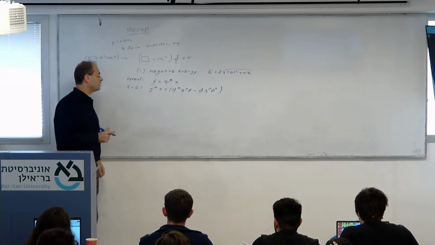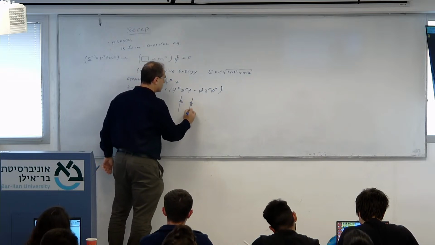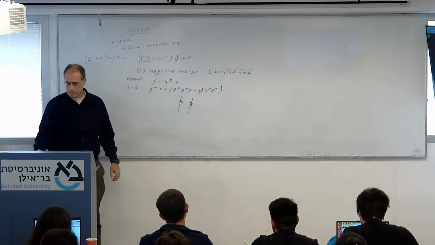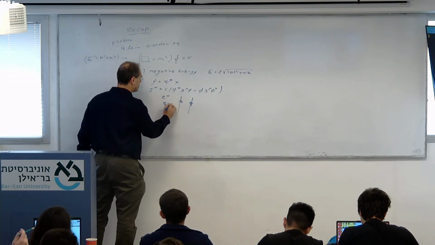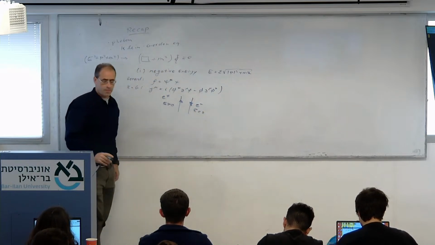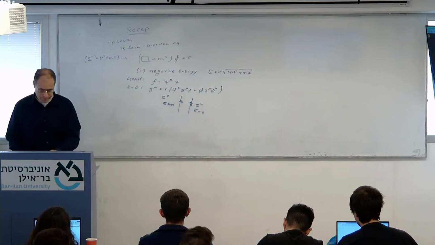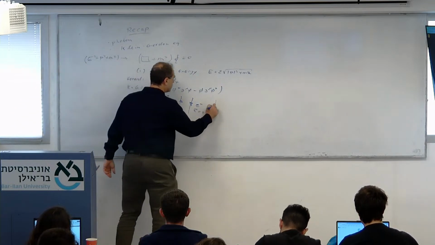That's the reason why the arrows of the positron and the electrons are opposite. Okay? So E plus, with t greater than 0, is equal to E minus, with t smaller than 0.